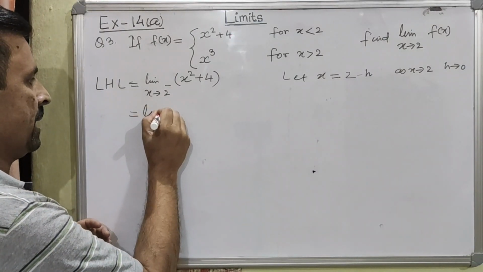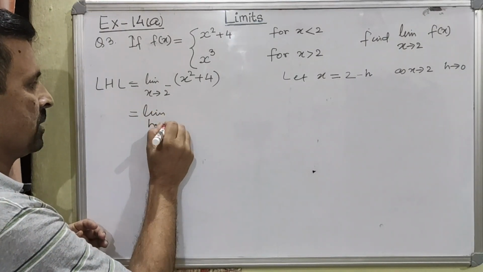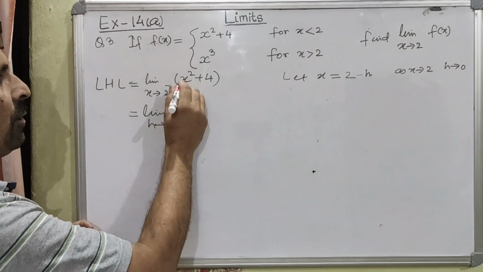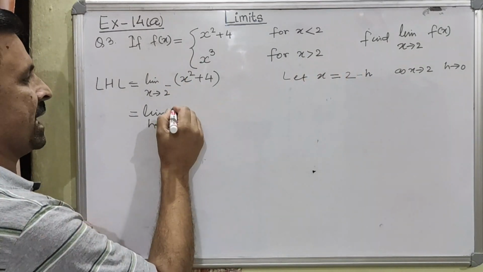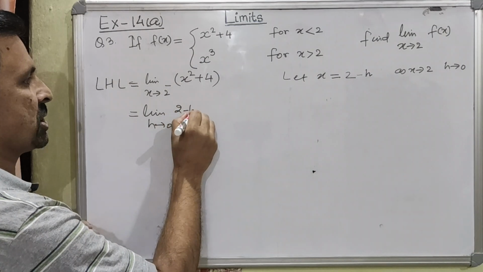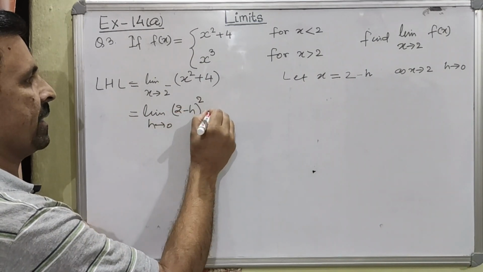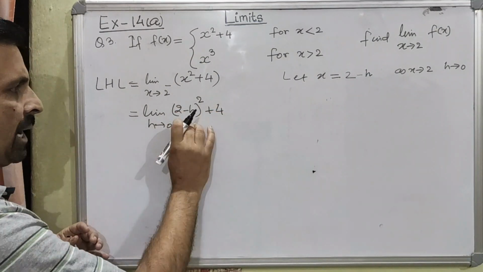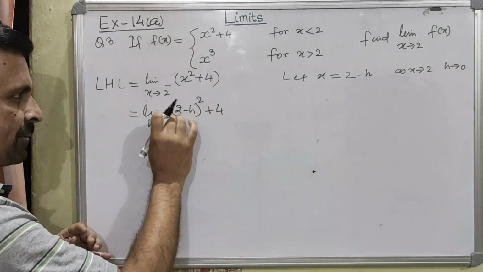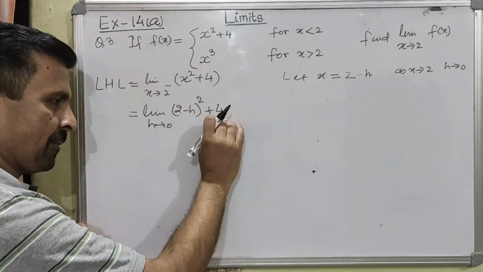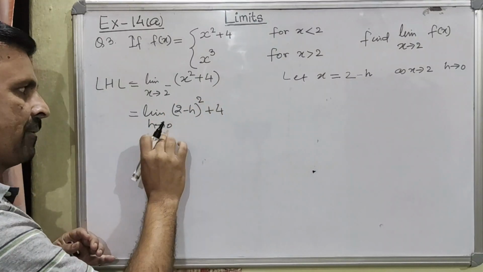So we'll write limit h tending to 0, and for x you will put the value 2 minus h, so (2 minus h) whole square plus 4. I told you after changing the limit you have to simplify the function, and only at the end we will put the value of h.